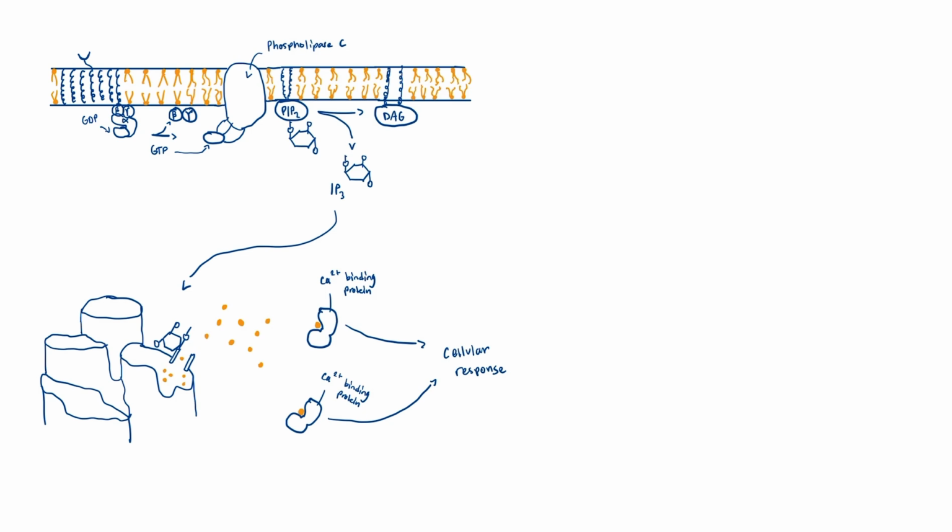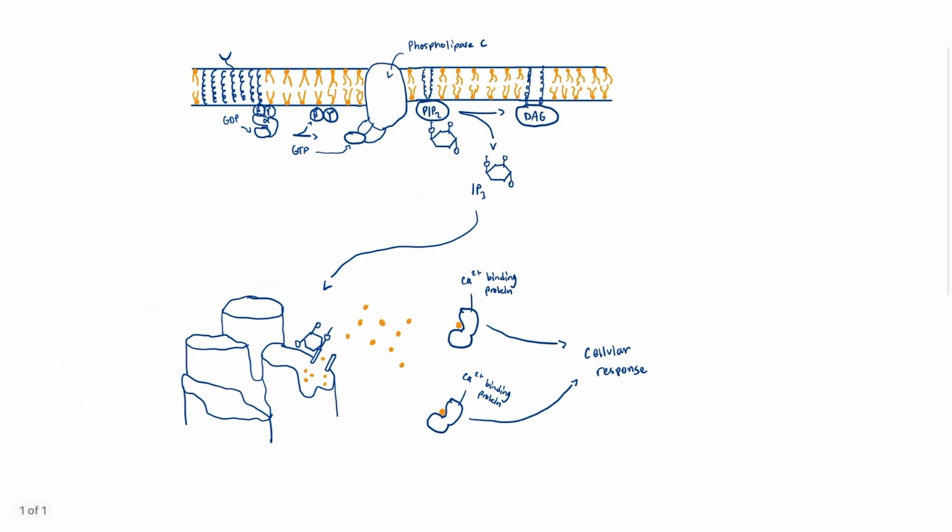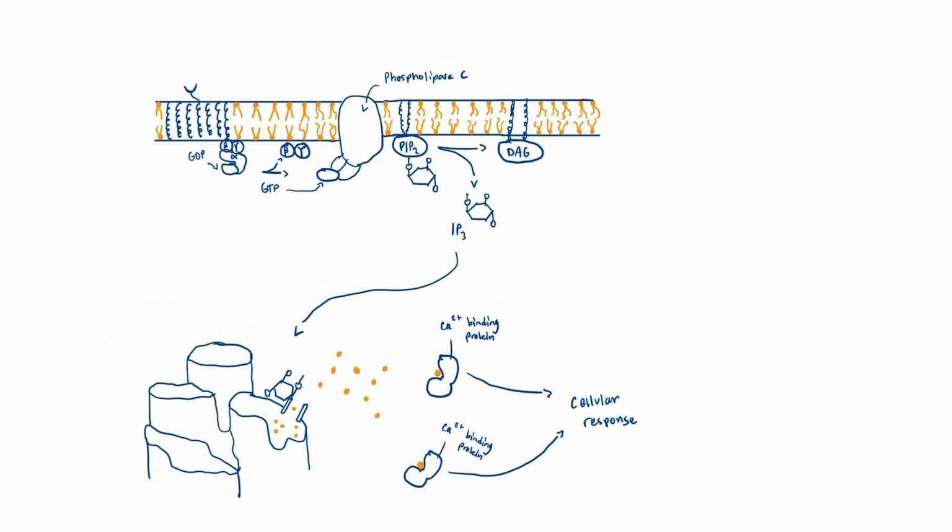So first off, you're going to have a ligand bind to your GPCR. It'll be over here. I'm going to be drawing in red. Okay. So your ligand's going to bind to your GPCR, and in this pathway, your ligand's going to be acetylcholine. All right.